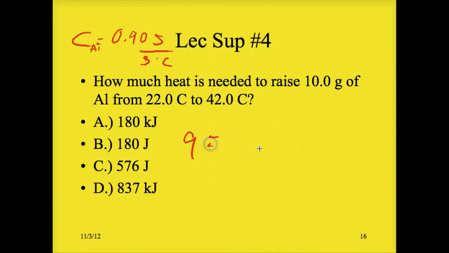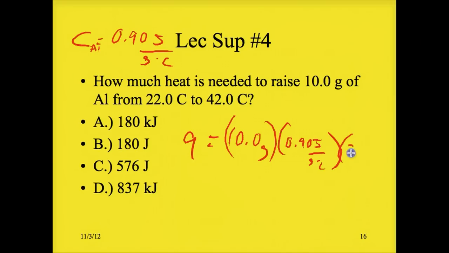Well, Q equals mC delta T. There's my m. Here's my C. That's a J. And my delta T is 20 degrees Celsius. It was actually 20.0.